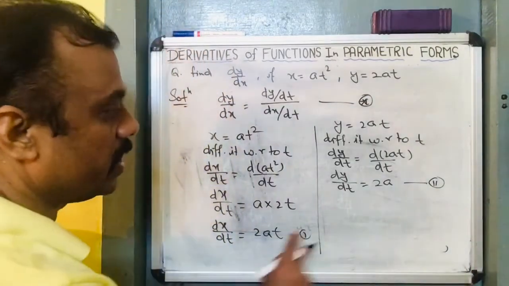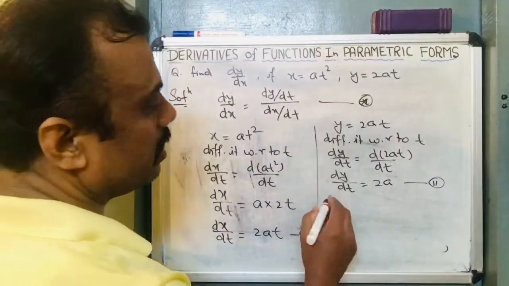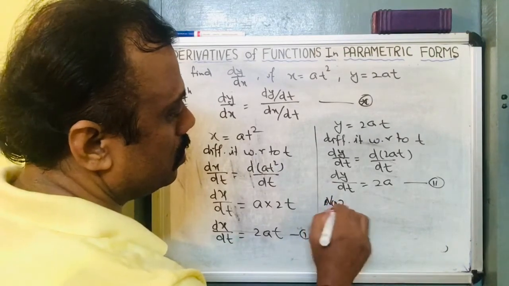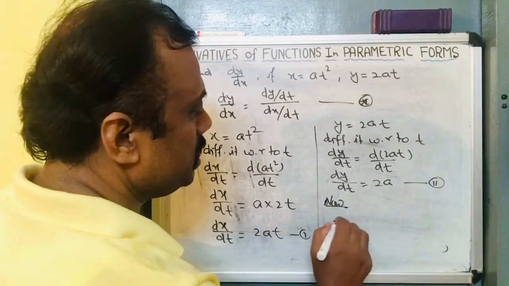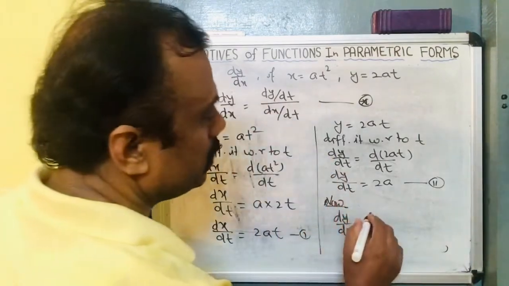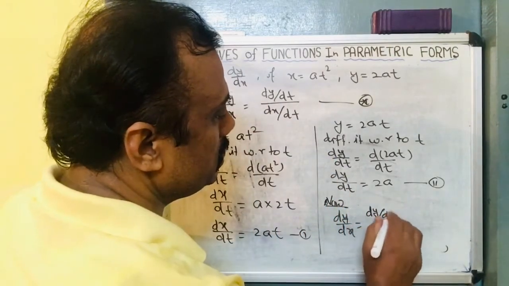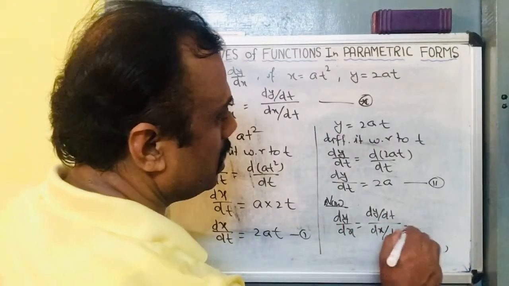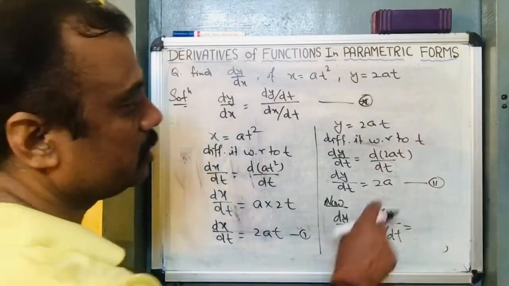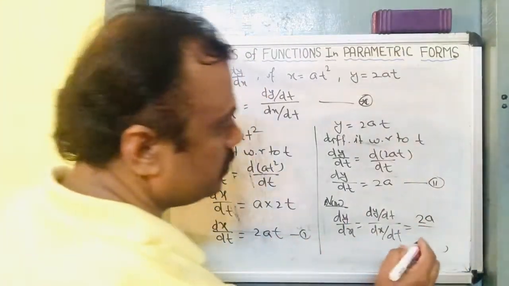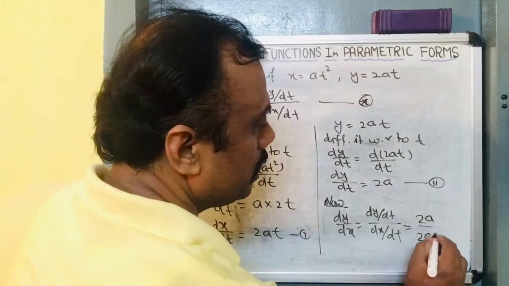Now using 1 and 2, dy/dx equals (dy/dt) upon (dx/dt), and dy/dt is 2a, and dx/dt is 2at.